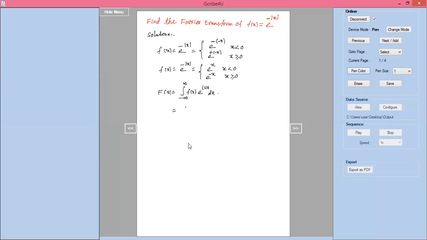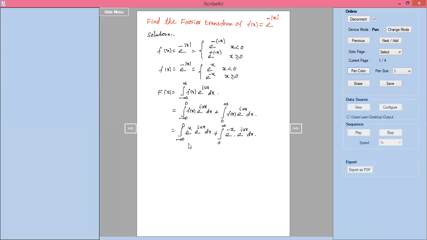Now this one only I'll write: integration of minus infinity to 0 f of x into e power iux into dx plus integration of 0 to infinity f of x into e power iux into dx. So now from minus infinity to 0, f of x is e power x into e power iux into dx, plus integration of 0 to infinity, f of x is e power minus x into e power iux into dx.